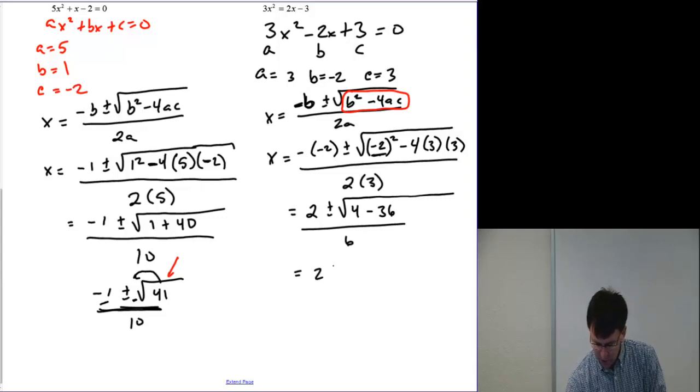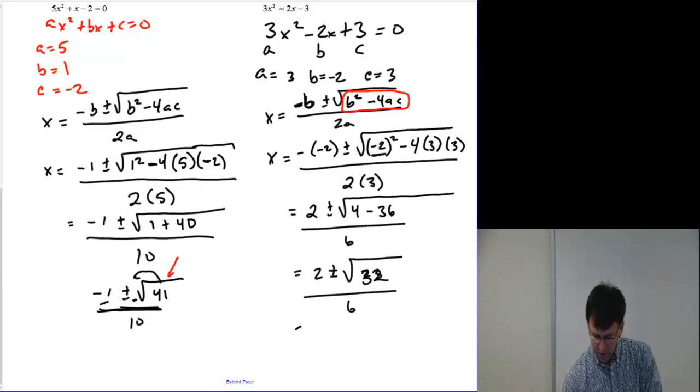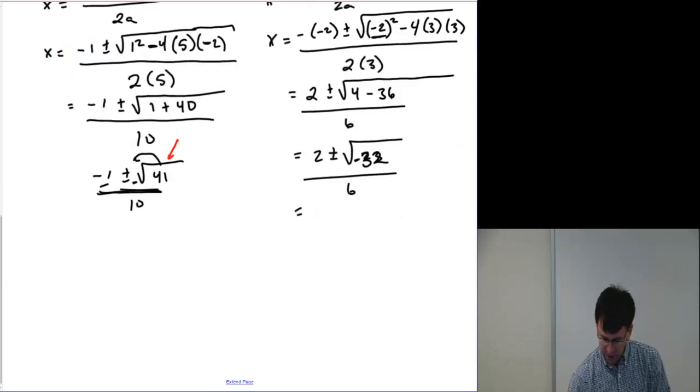So this turns into 2 plus or minus the square root of 32, all over 6. It would be negative 32. Almost lost my imaginary number there. Negative 32. Well, let's see if we can deal with that. What is a negative 32? Could we factor it, then pull some kind of a good number out of that?